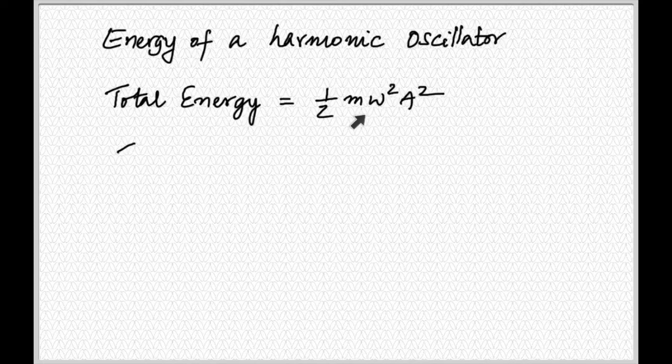Omega is the angular frequency, a is the amplitude, and of course m is the mass. Now, since these three quantities are all constants, we know that for any harmonic oscillator, the total energy is always going to be a constant.